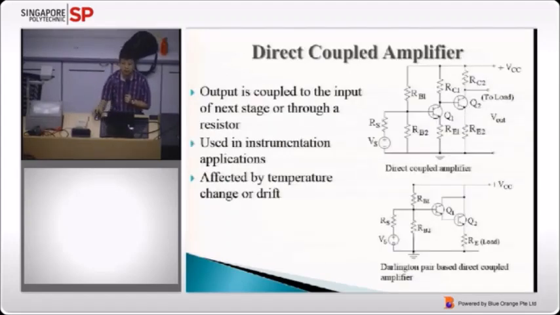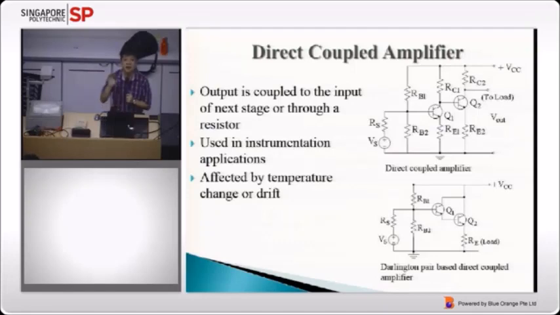If you look at the diagram on your right, you will see Q1 and Q2. Your Q2 is actually connected to the collector of your Q1, correct? I'm going to box this up. This is my Q1.